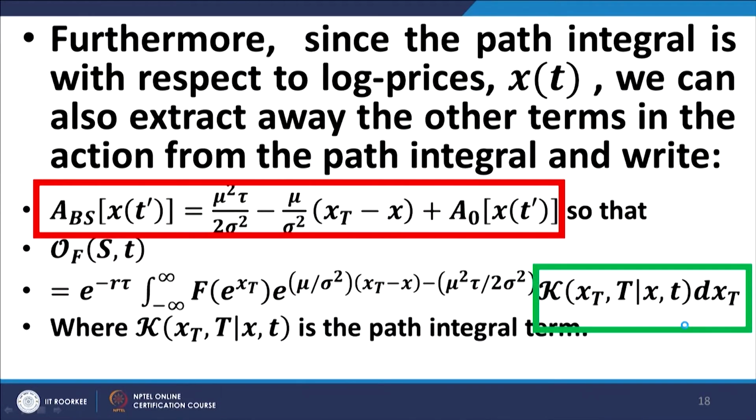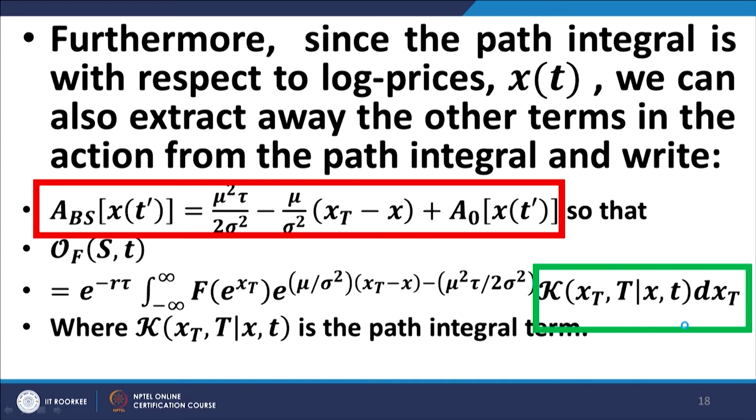So, that being the case, we are able to simplify the action. If you look at this action, the first term and the second term, both terms are independent of the prices x_t, and therefore they can be taken into a prefactor.